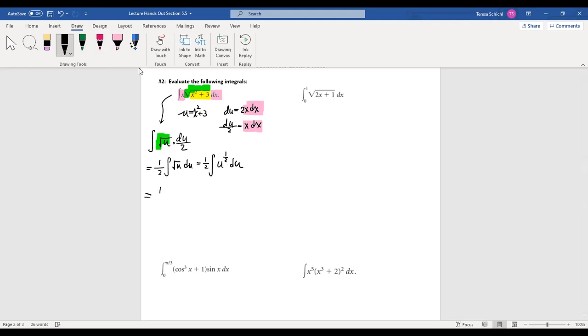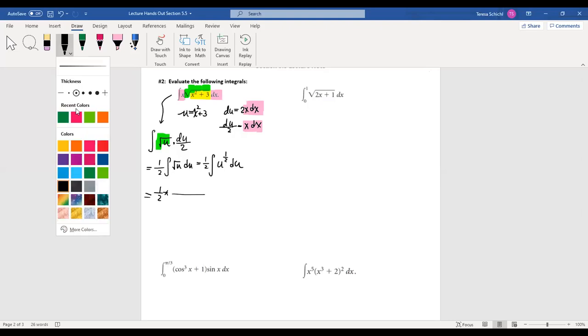Now what rule am I using? Power rule, right? So this will be u to the 1/2 plus 1 on the denominator here.